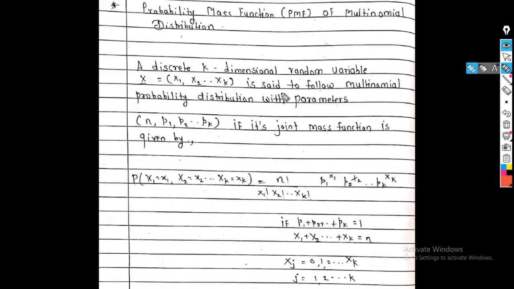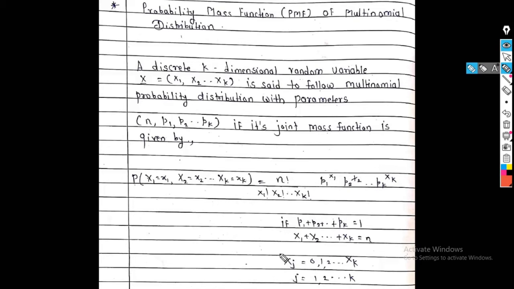It is said to follow the multinomial probability distribution with parameters n, p1, p2, ... pk if its joint mass function is given by, that is, probability of X1 equal to x1, X2 equal to x2, up to Xk equal to xk is equal to, here we use the multinomial probability theorem, n factorial divided by x1 factorial into x2 factorial up to xk factorial, into p1 raised to x1, p2 raised to x2, up to pk raised to xk.